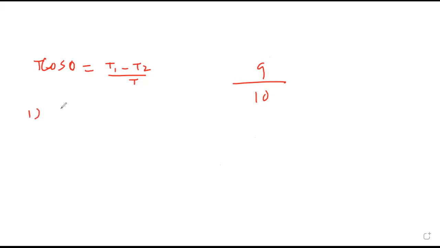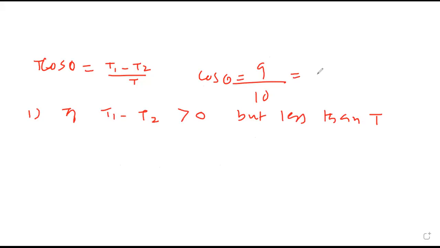Less than 1. So if T1 minus T2 is greater than 0, positive, but less than T, then can I say cos theta will be positive and less than 1?